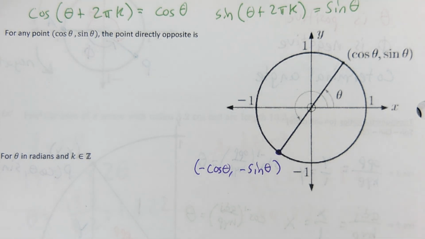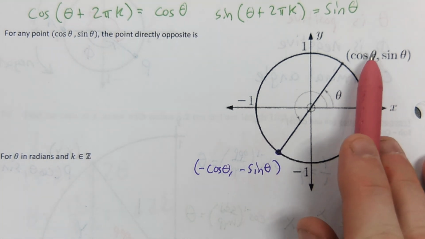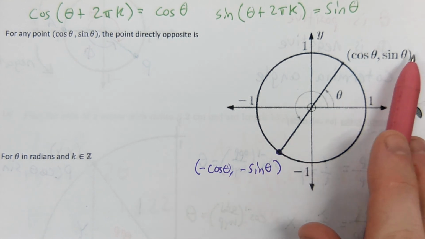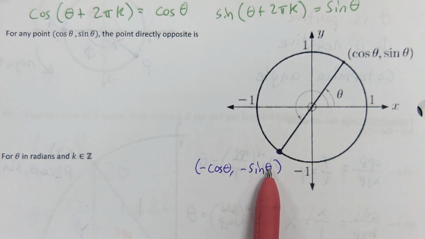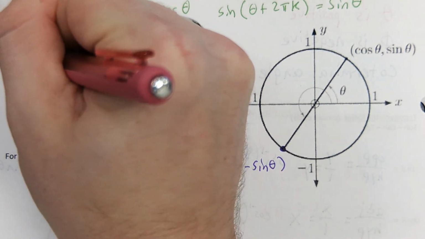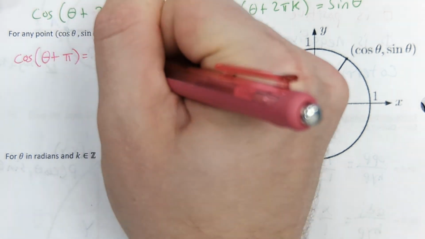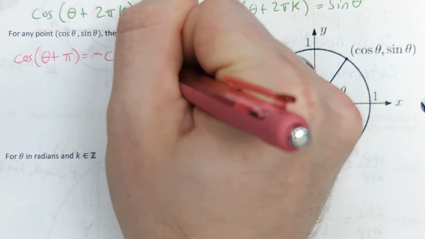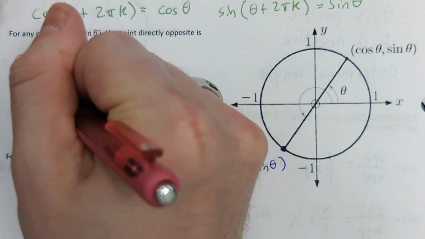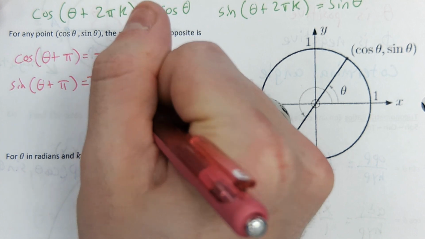This told us that if I took this theta and I added pi to it, this would be my result. So what we know is that cosine of theta plus pi will give us negative cosine theta. And sine of theta plus pi will give us negative sine theta.